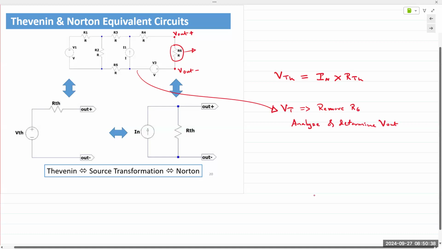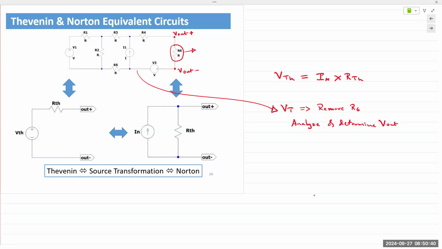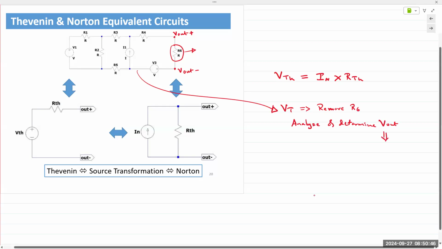Okay, so you remove R6 and you perform an analysis to determine V out between those output terminals. And that V out is your Thevenin voltage. So the circuit would look like this. You have R1, R2, R3. You don't have to draw this out. This is just for illustration purposes.